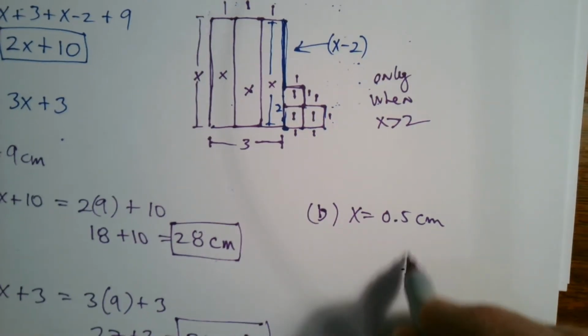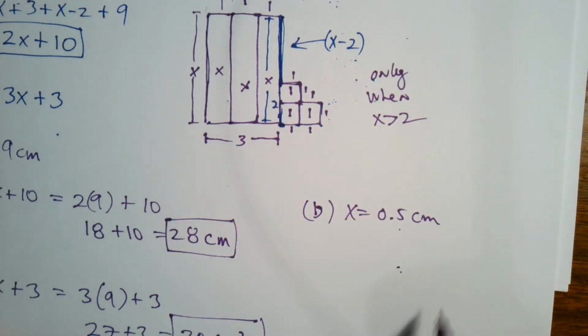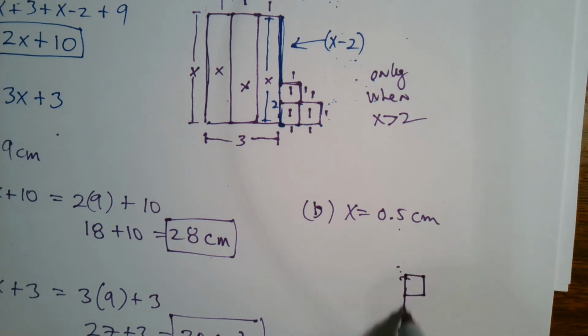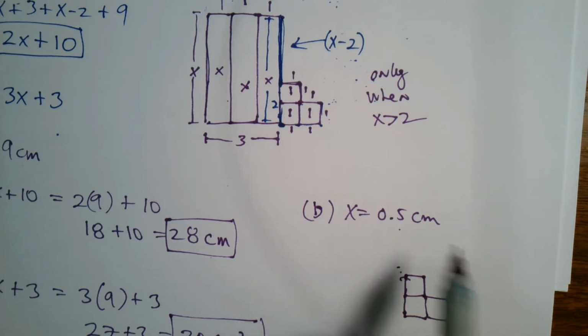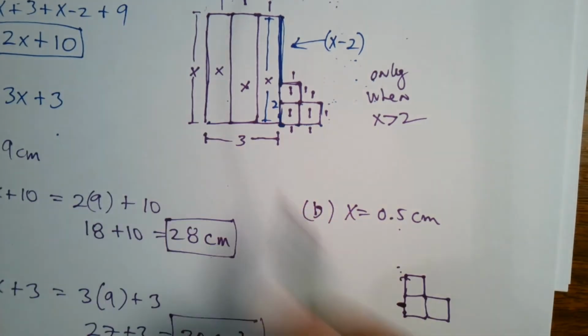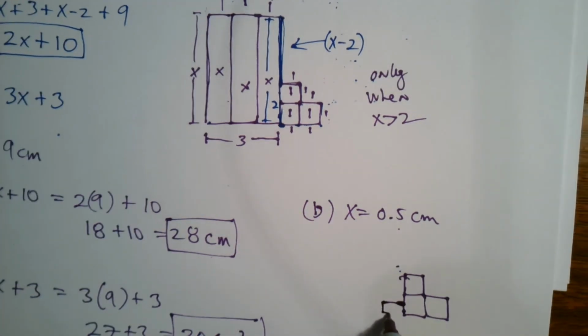So I'm going to start, if I think about it, these units, they're not changing, right? They're one by one. They don't change. They're not a variable. They're constant. But being x is 0.5, that means this x tile is going to only be half as tall as the unit tile.